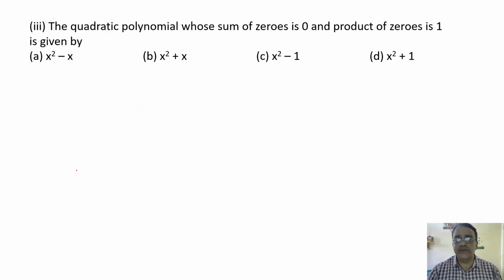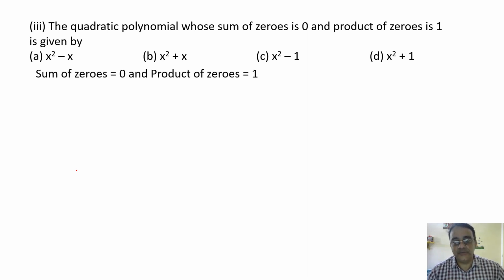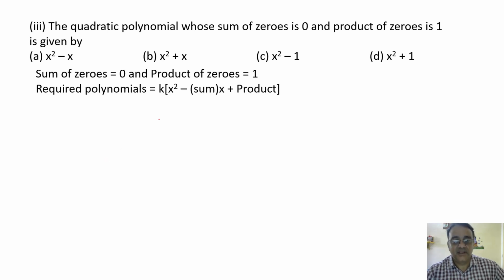The quadratic polynomial whose sum of zeros is 0 and product of zeros is 1 is given by. So what is given? Sum of zeros and product of zeros, and we know that the formula is k into x² - (sum of zeros)x + product. You can leave out k, no problem. So the sum is 0 and the product is 1, so we will get x² + 1.